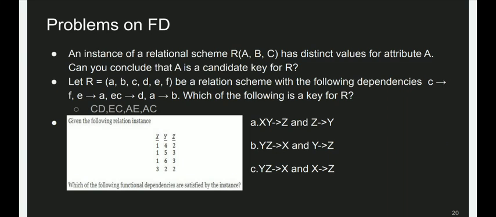Now the second option, yz determines x: 4 2 determines x, 5 3 1, 6 3 1, and y determines z will also hold because for every unique y value we have a unique z. So that will be the answer.